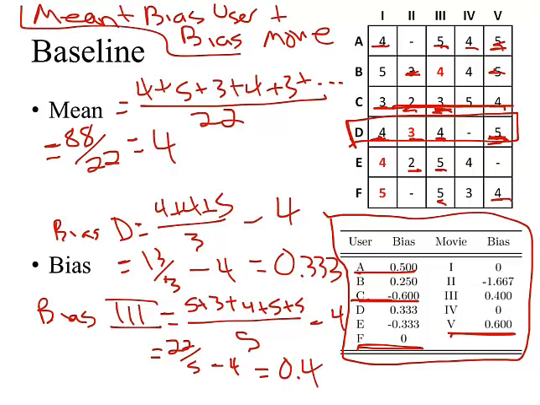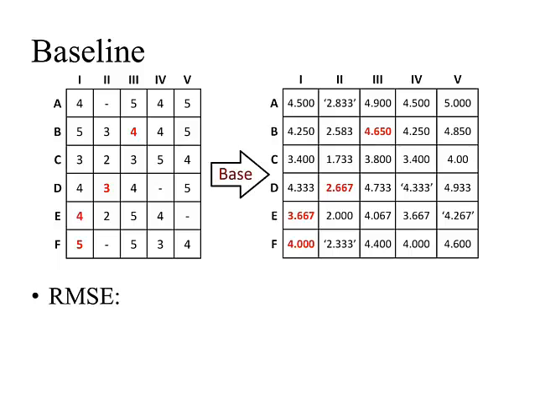And so we can apply that equation to come up with the baseline predictor for all the elements. The results are shown in the table at the right-hand side over here. Maybe we can run through one of those computations. Let's try for user D and movie 3. So the mean is 4.